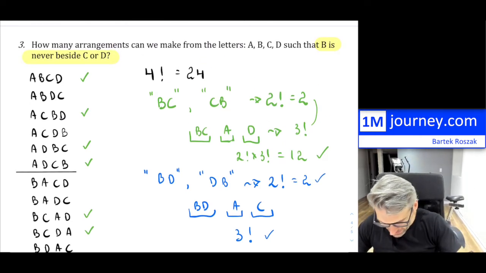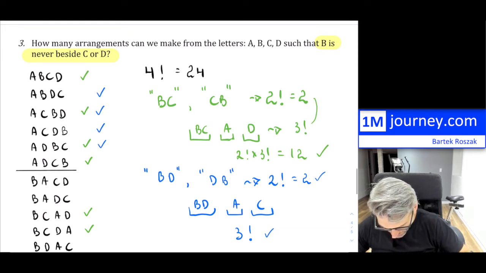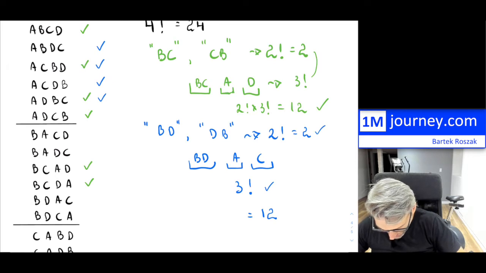So that was B and D together. I'm going to do it beside. So when are B and D together? They're right here. B and D right here. B and D, so right here. Right here. So that's 4 ways, B and D. And B and D here and here.